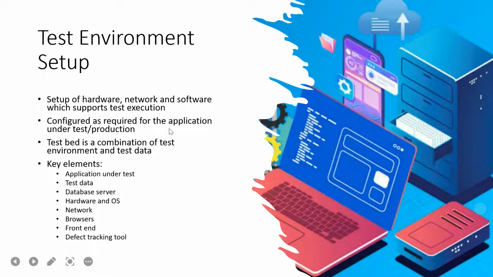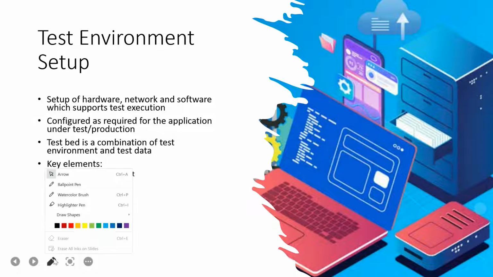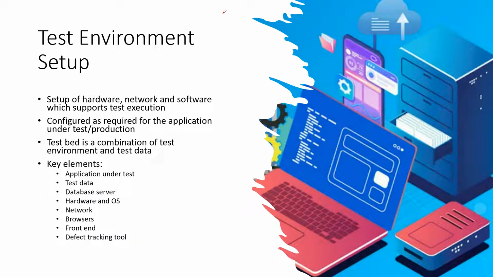Application under test, I told you, what is UAT, right? There is a difference between UAT and AUT. What is UAT, anyone? User acceptance testing, yes. But AUT is application under test.